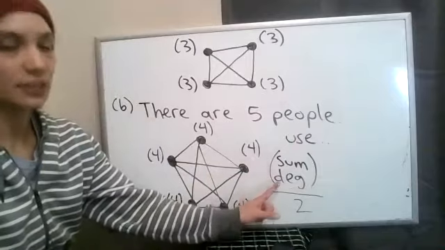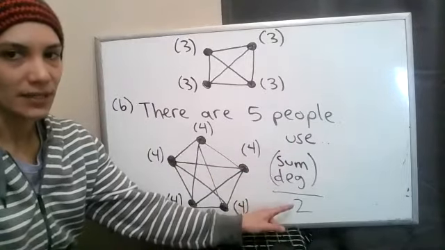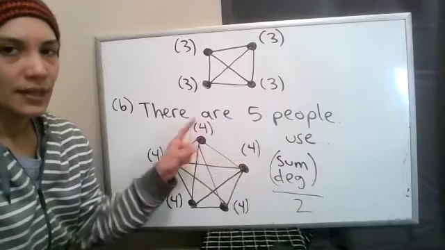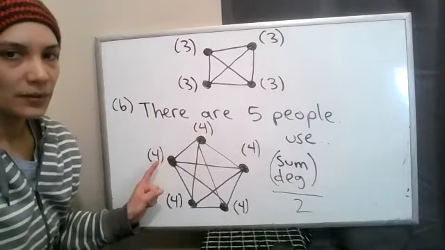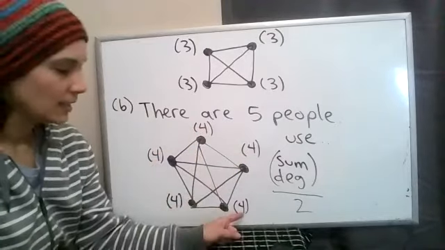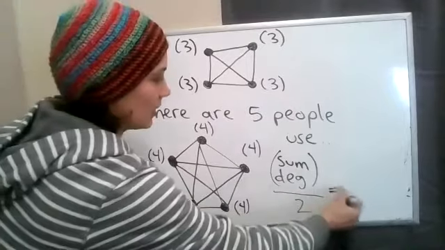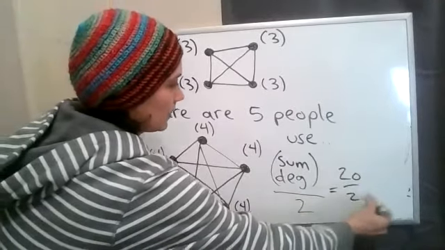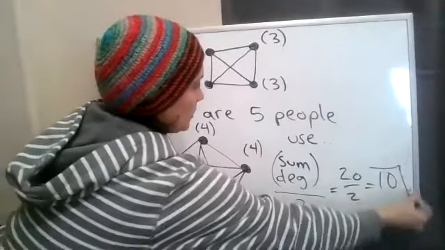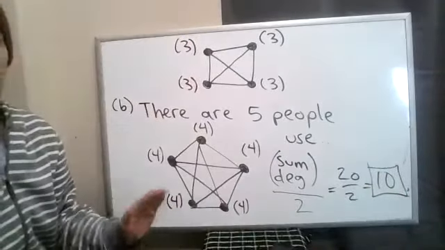Sum of the degrees, divide by 2. So 4, 8, 12, 16, 20 over 2. So it would be like 10 handshakes.